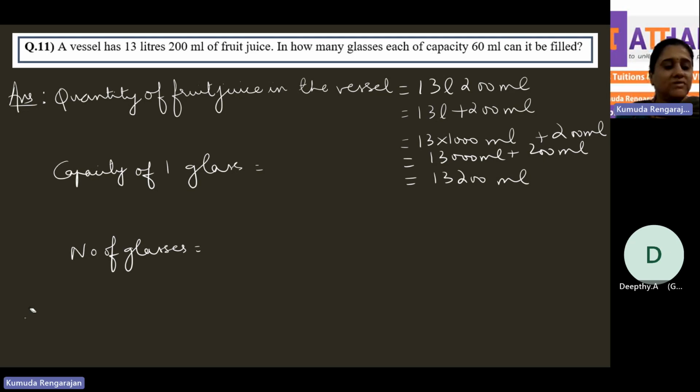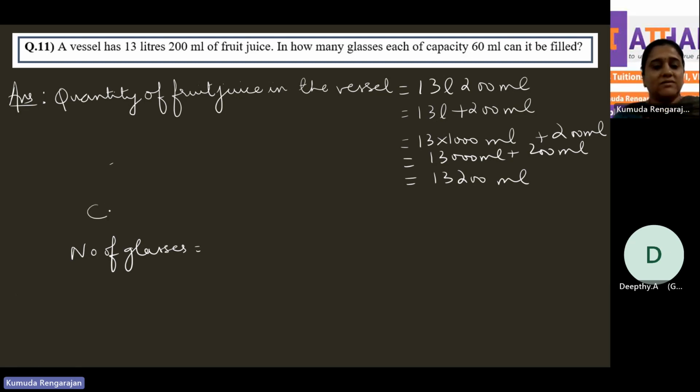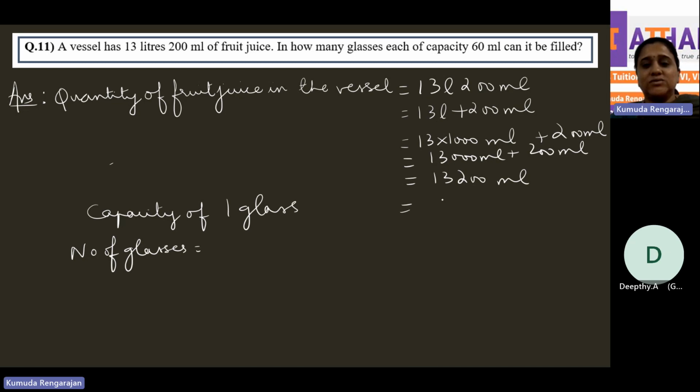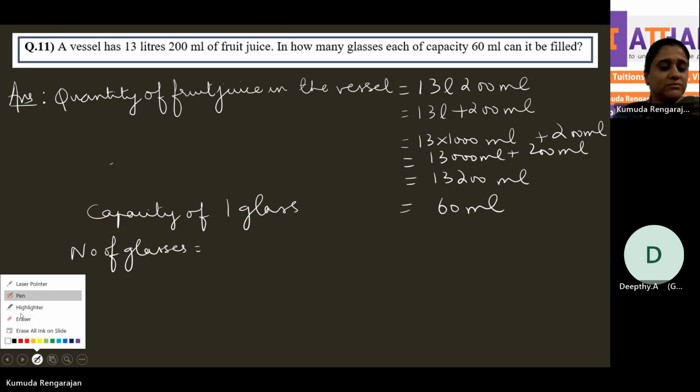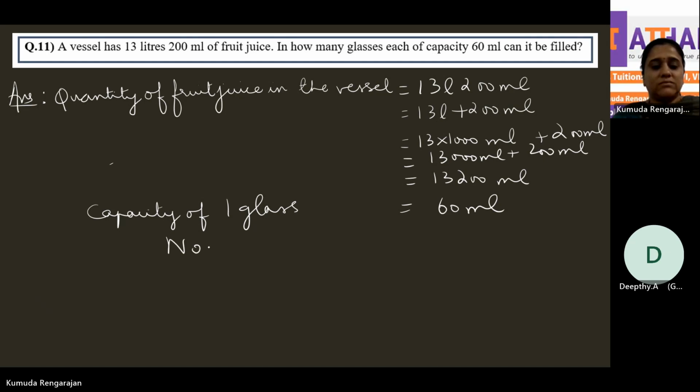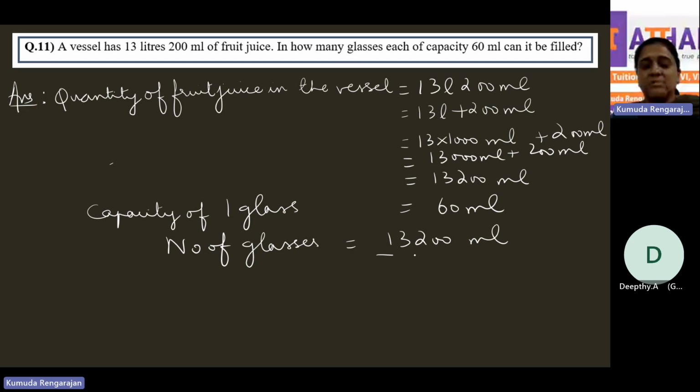Then the capacity of 1 glass is equal to 60 ml. So the number of glasses is equal to 13,200 ml divided by 60 ml.